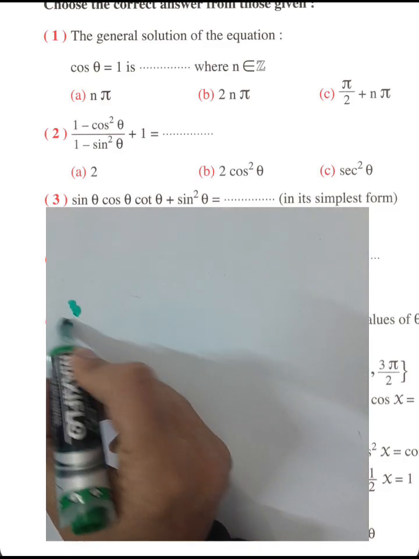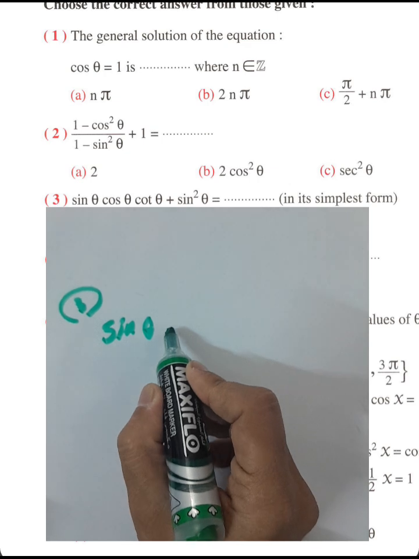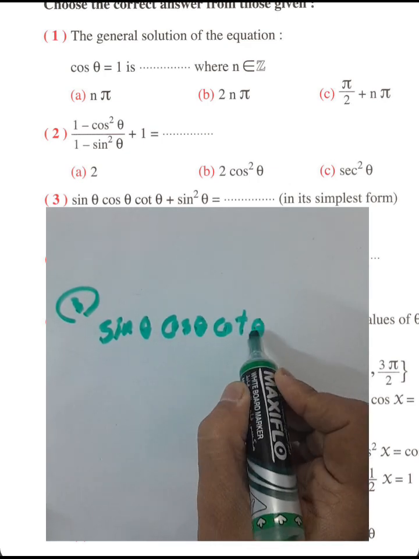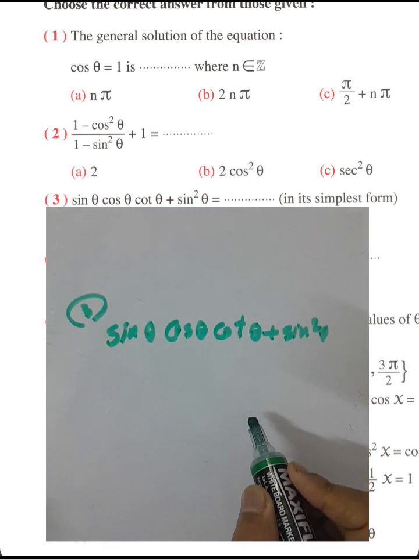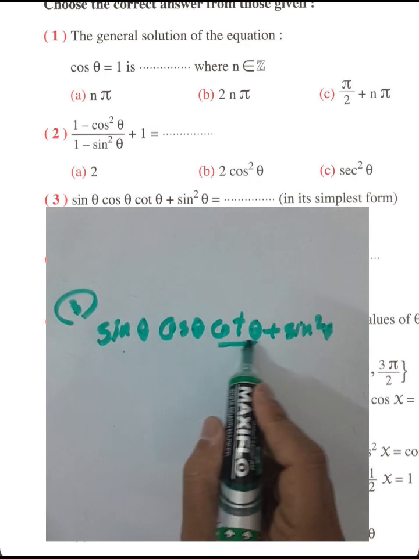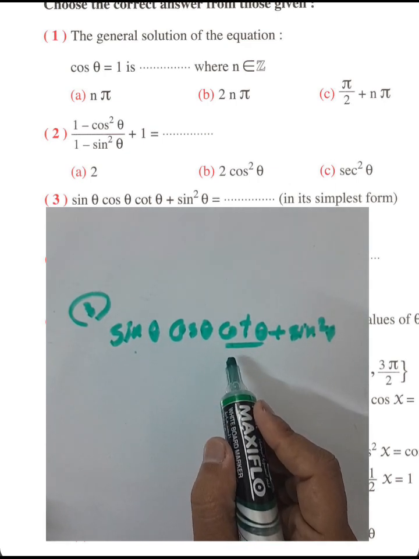Question number 3, we want to find sine theta times cosine theta times cotangent theta plus sine squared theta. We know cotangent is the inverse of tan, so it is cosine over sine.